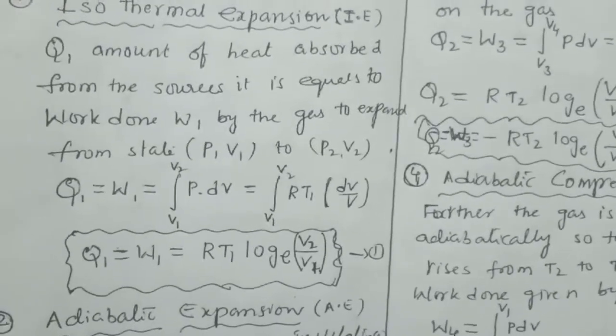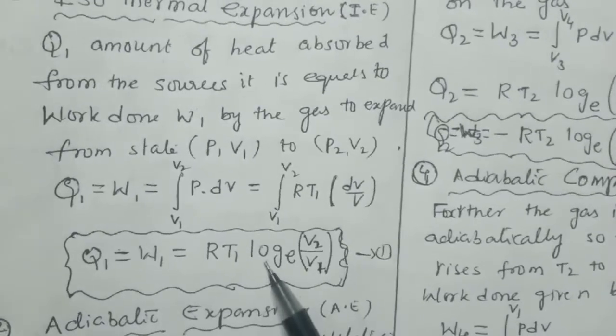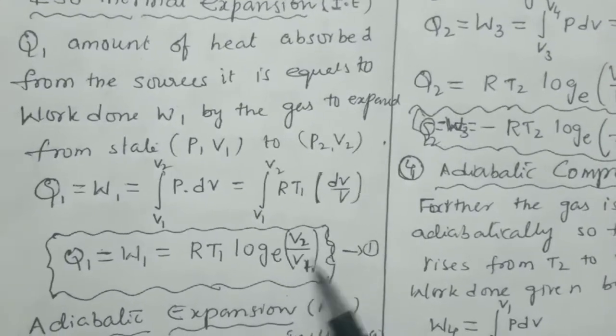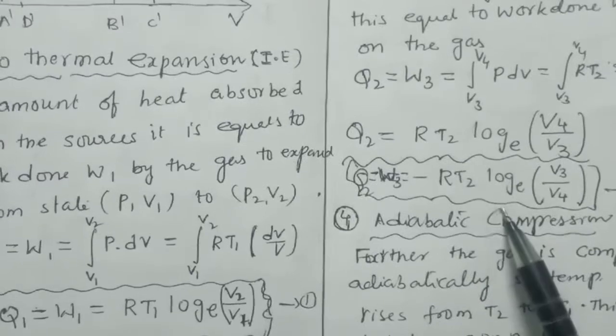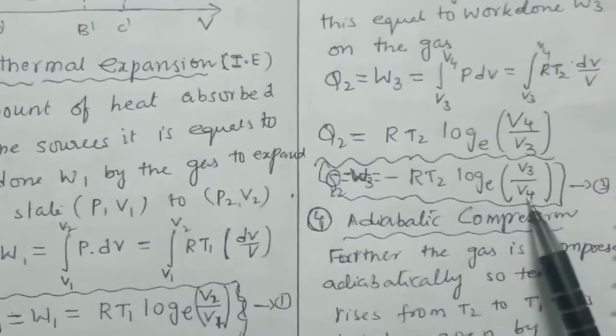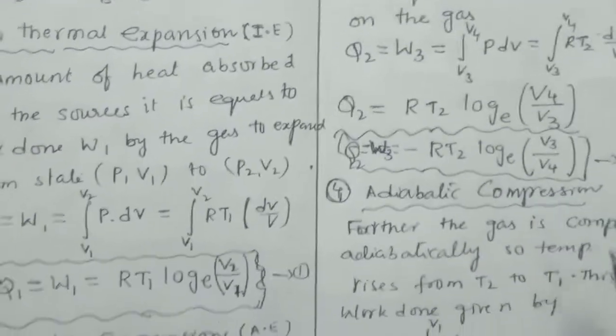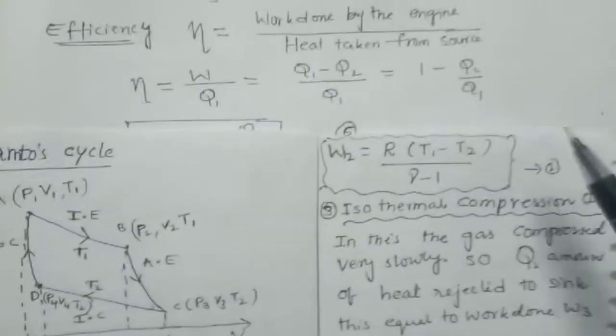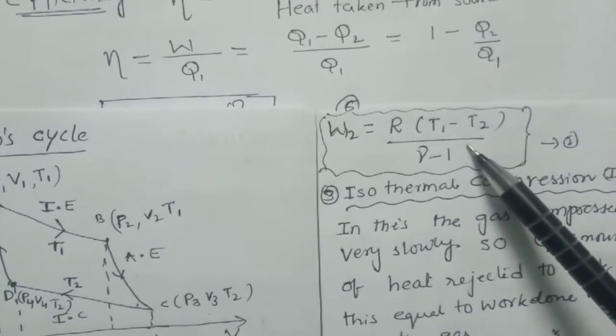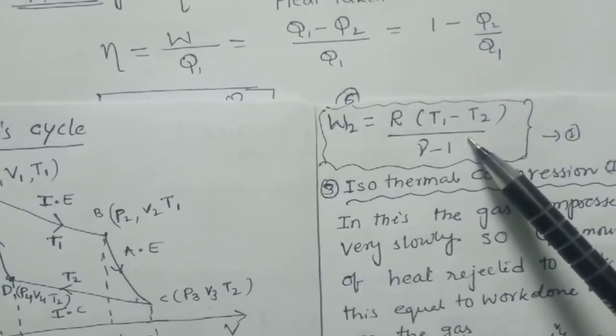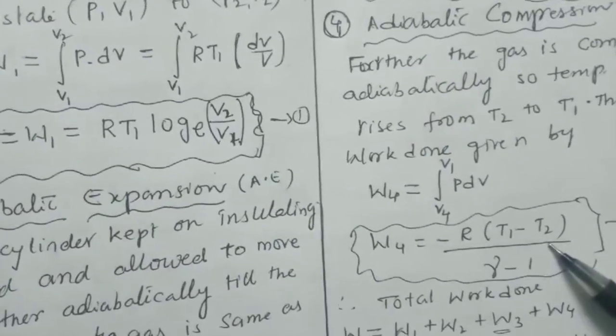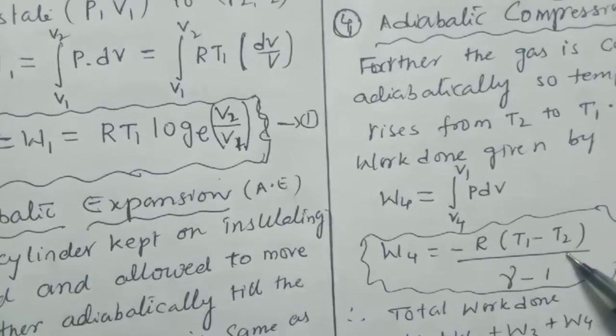Once again I am saying, Q1 is equal to W1 equals RT1 log base e V2 by V1, and here RT2 log base e V3 by V4. And the second thing is W2, which is R into T1 minus T2 by gamma minus 1, and W4, which is minus R into T1 minus T2 by gamma minus 1.